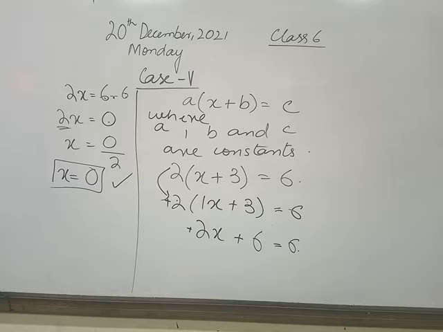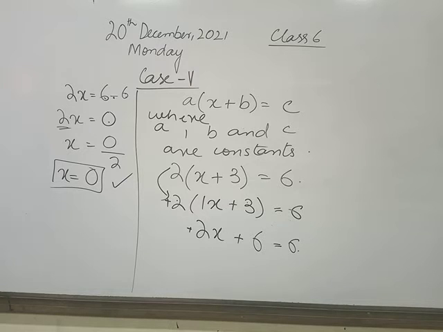As you know class, there is a relation in between, which is multiplication. So I am going to multiply 2 into 1. After multiplication we have 2x. Fine. Then we have 6, because 2 into 3 is 6, and at the right hand side we have still 6.